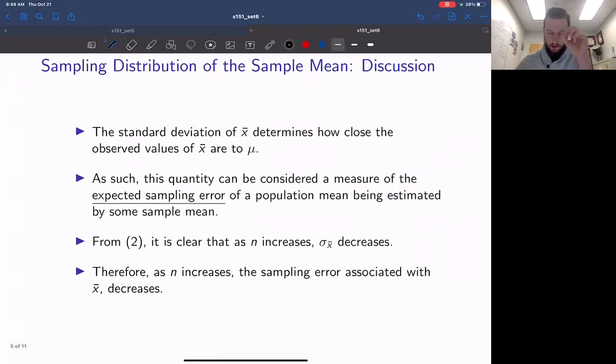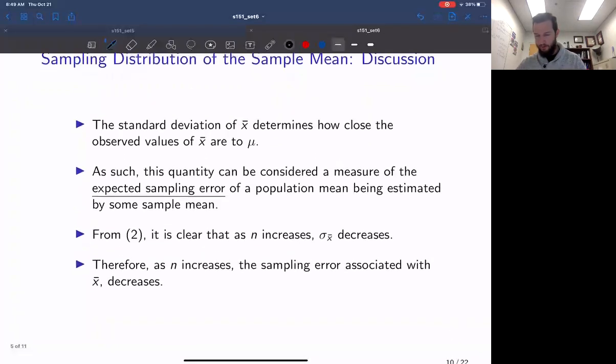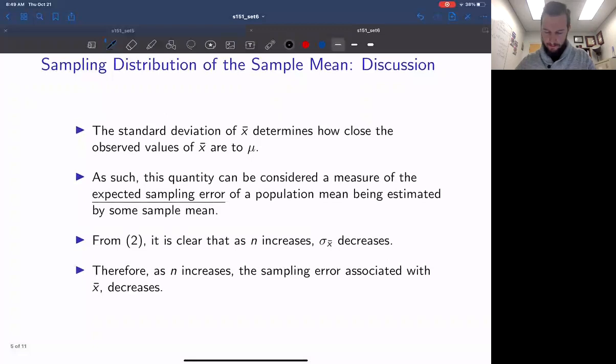All right. Sampling distribution of the sample mean. Discussion. I'm totally rattled after that dog talk. Okay. So we went through those two examples where we have the formula of the sampling distribution of the sample mean. On slide 10, I'm just recapping how the distribution behaves.